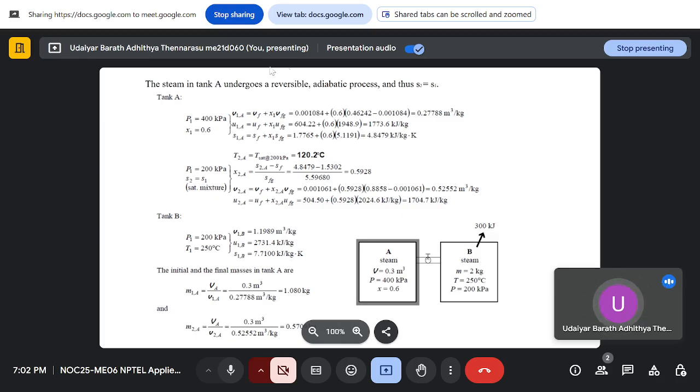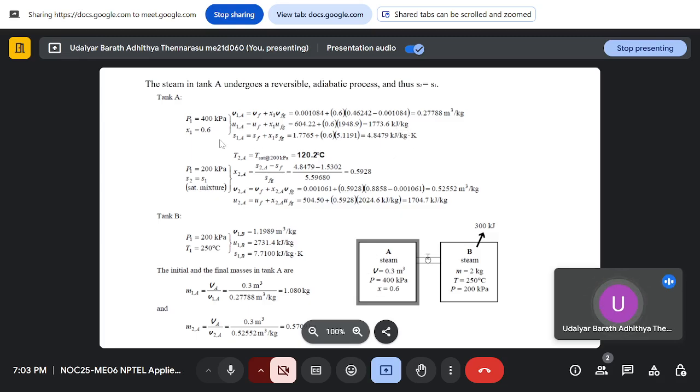So for tank A, my initial pressure is 400 kilopascal and vapor fraction is 0.6. So my specific volume is Vf plus x into Vfg, which comes out to be 0.27788 meter cube per kg, and internal energy at state 1 for tank A is similarly Uf plus x Ufg, which comes out to be 1773.6 kilojoule per kg.